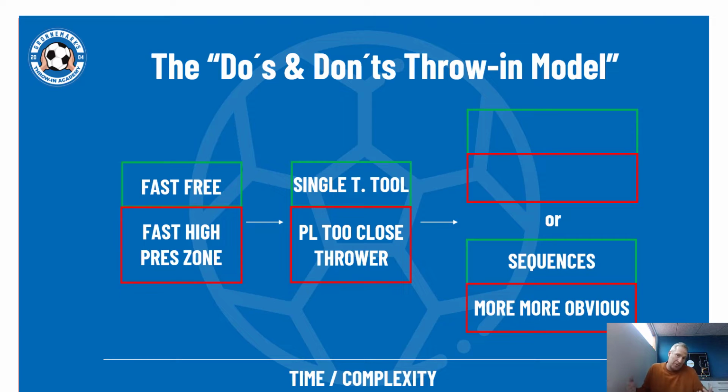The fullback is turning his or her body towards that big group of players, and then it's just getting more and more obvious where the ball will come. And even though you can be lucky sometimes to get something good out of a throw-in down the line, there's a much bigger risk that the opponents will get the ball from you. Of course, this can happen to all teams, but as a coach you don't want your team to have more and more obvious solutions, because the more obvious it is, the easier it is to read and the easier it is to defend. So we want to avoid that.